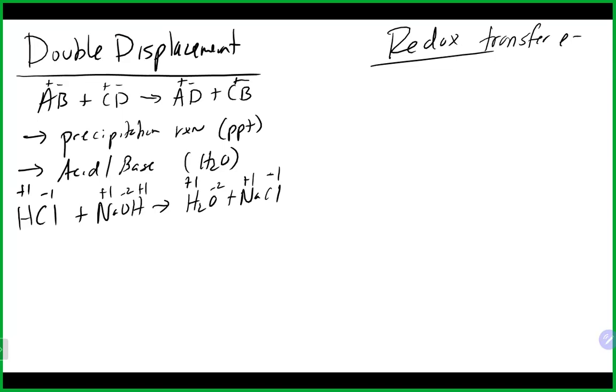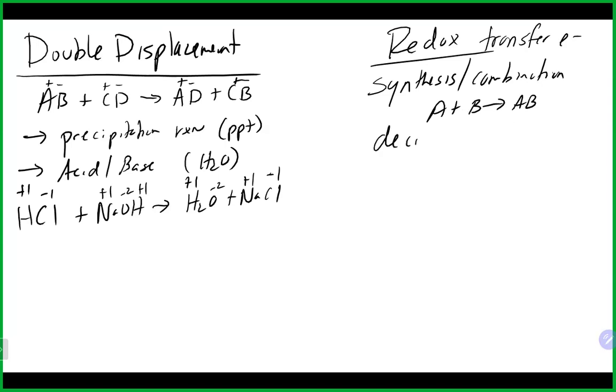And again, redox is the big category for which you can more specifically classify a reaction as a synthesis or combination reaction, where two things make one thing. You could do a decomposition reaction, where one thing makes two things.